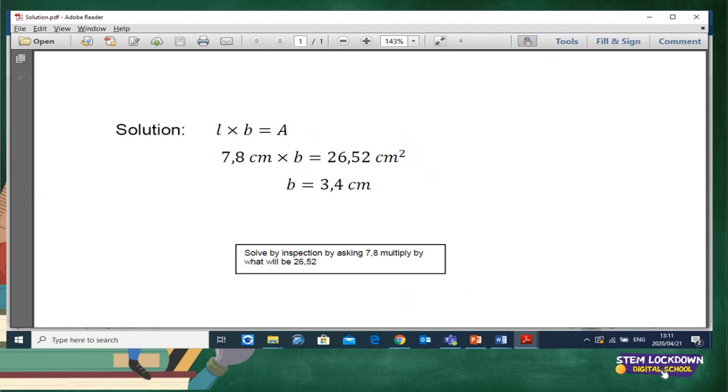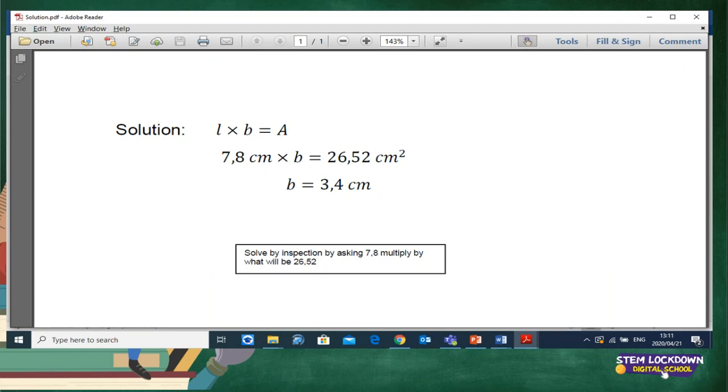By the way, you can also solve this by inspection, because you need to ask yourself a question. 7,8 must be multiplied by what in order to get 26,52? So this is a critical question. You need to ask, what you must multiply 7,8 with in order to get 26,52?